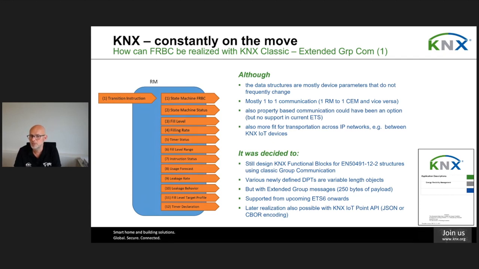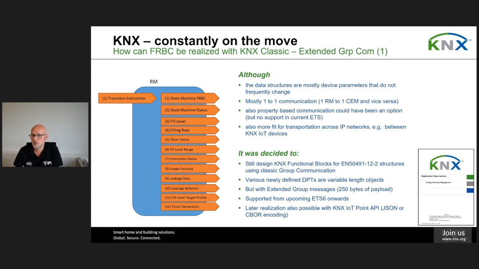So we would need some form of communication allowing to change these device parameters. Mostly, as you may also have heard, this is a one-to-one communication. So it's one resource manager talking to a SAM or a SAM to a resource manager, but you don't have any resource manager to resource manager communication or one-to-many communication.